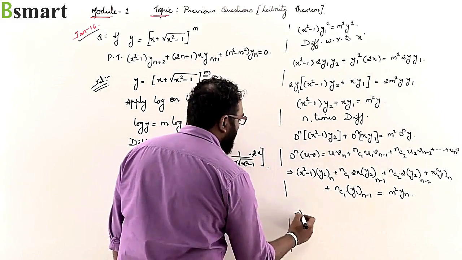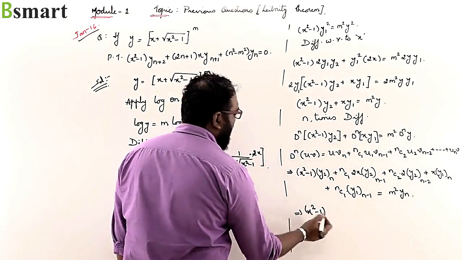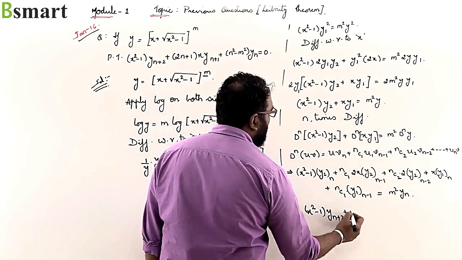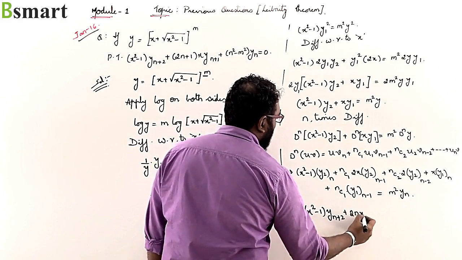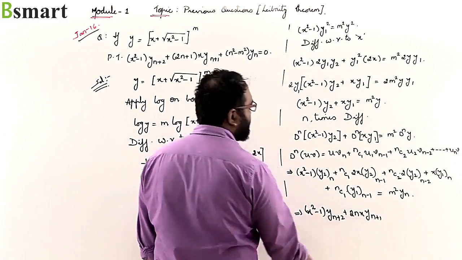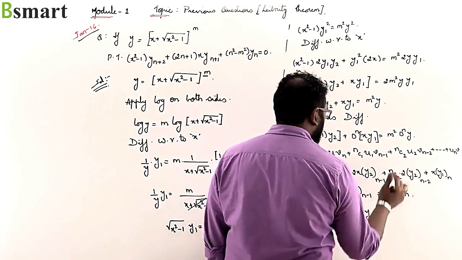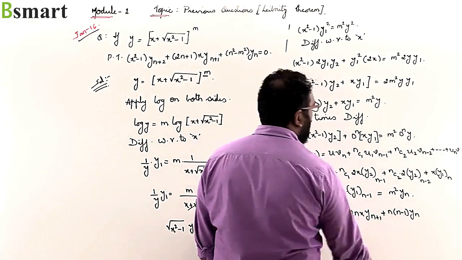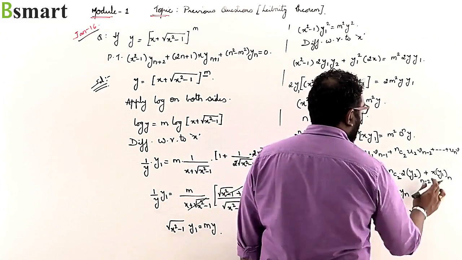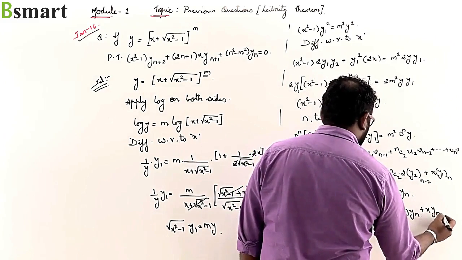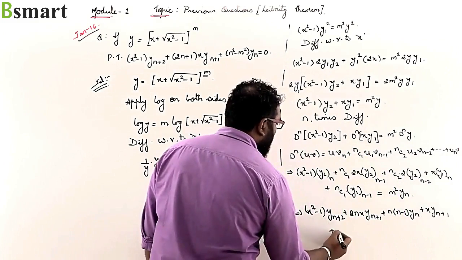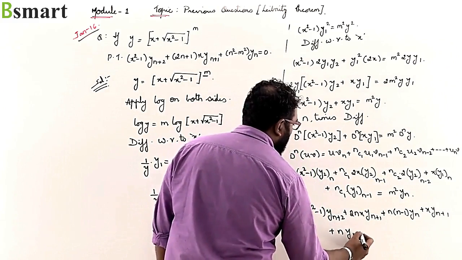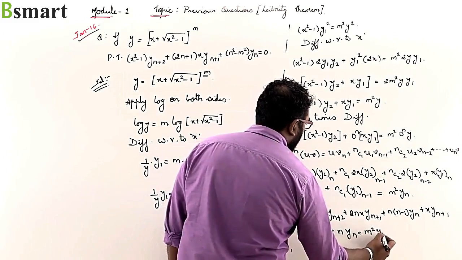And if we simplify this further, that is (x² − 1) into yₙ₊₂ plus nC1 is n, so that is 2nx into yₙ₊₁, and nC2 into 2, that is n into (n − 1) into yₙ, plus x into yₙ₊₁ plus n into nC1 is n into yₙ, is equal to m² yₙ.